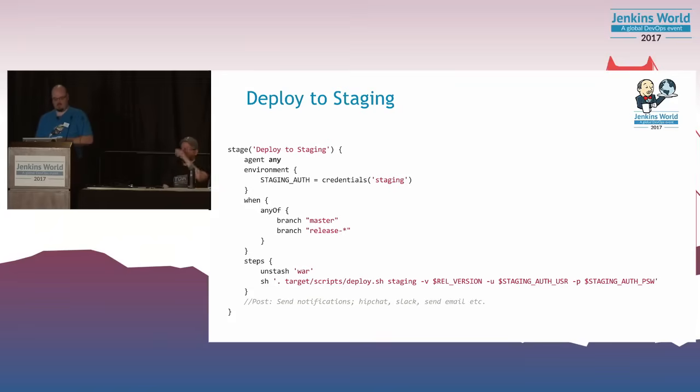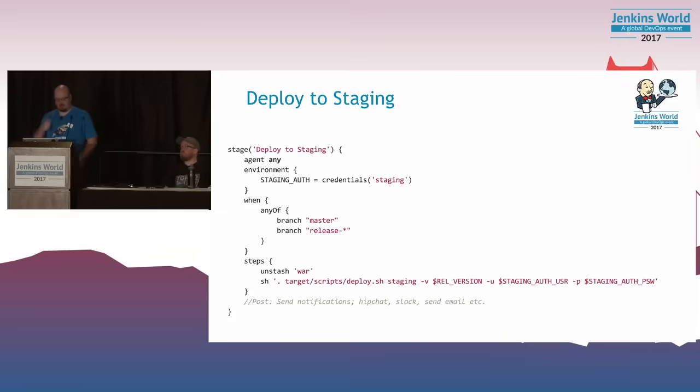And we'll run the staging if we're either on master or release. The steps are somewhat simple. Unstash the war file, run the deploy script to deploy to staging. You might be wondering here where this release or rel version comes from. I'll show you that right after this. Of course, we would need some kind of post thing here if we were really doing CD, like notify in HipChat or send an email or Slack or whatever it is.